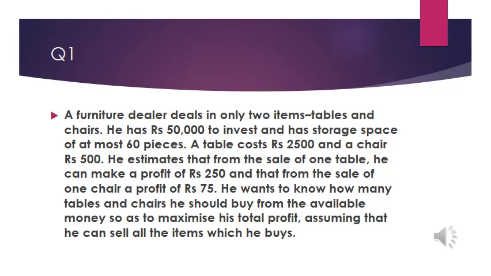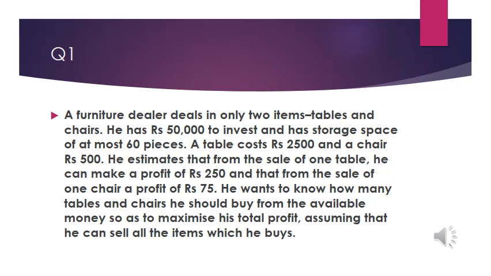A furniture dealer deals in only two items, tables and chairs. He has rupees 50,000 to invest and has a storage space of at most 60 pieces. A table costs rupees 2,500 and a chair costs rupees 500.